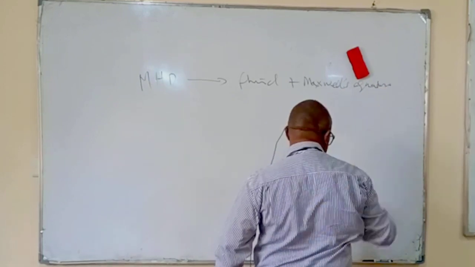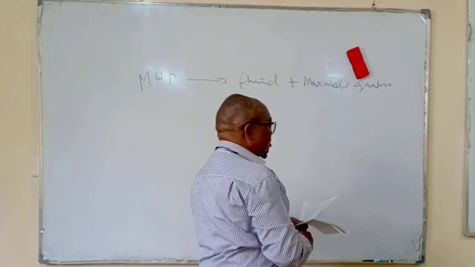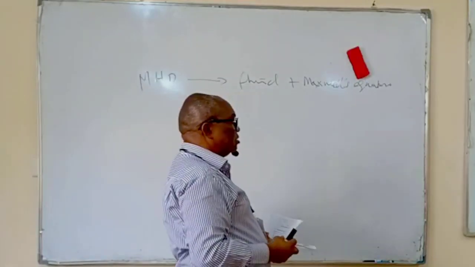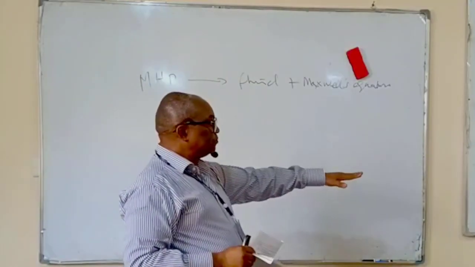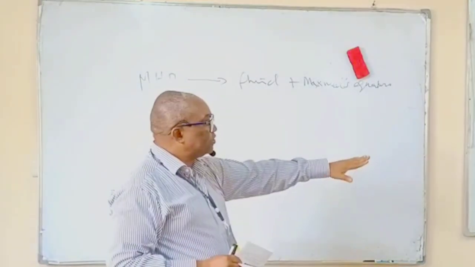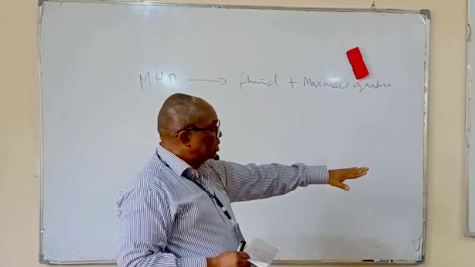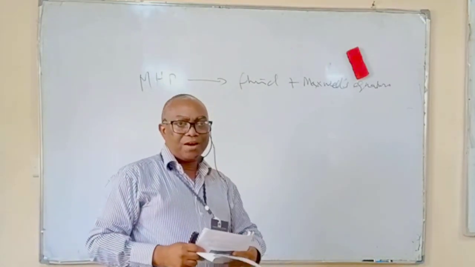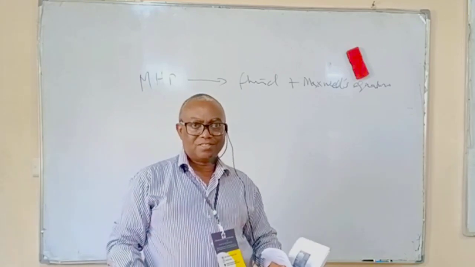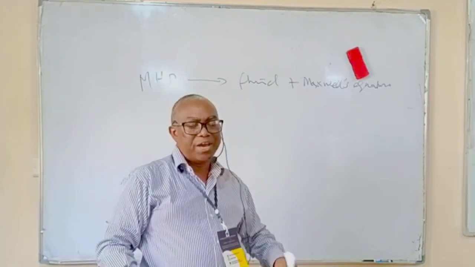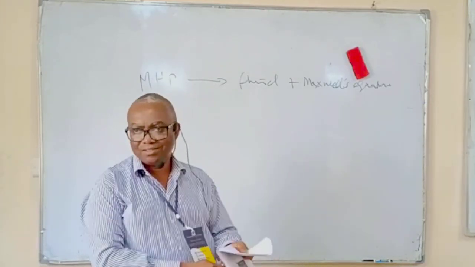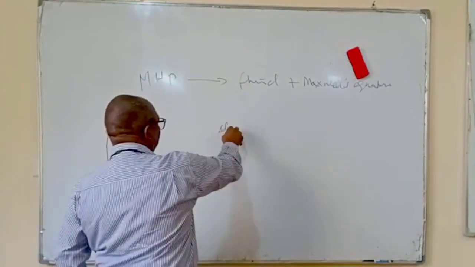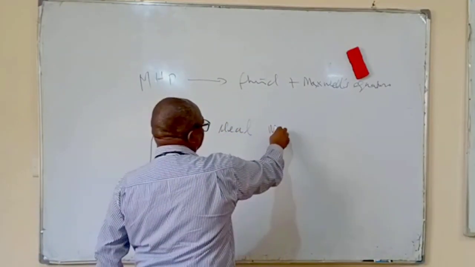So when we look at this, you will see that MHD of a perfectly conducting fluid in the absence of electrical resistance, when we don't have electrical resistance, we regard such MHD as ideal. We have ideal MHD.